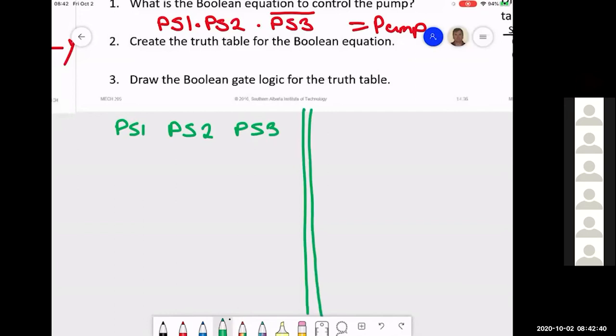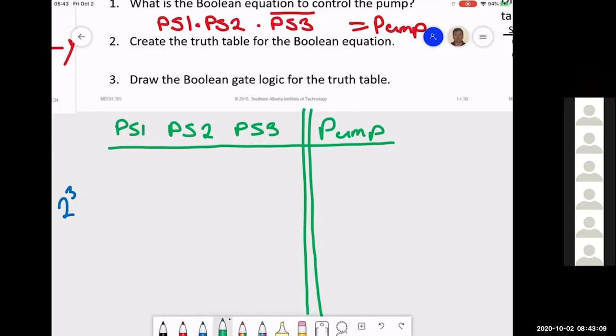I've got 1 output, the pump. Now remember, if I've got 3 inputs, that is 2 to the 3 combinations of inputs. If I combine every which way possible, I am going to have 2 to the 3, which equals 8 input combinations.